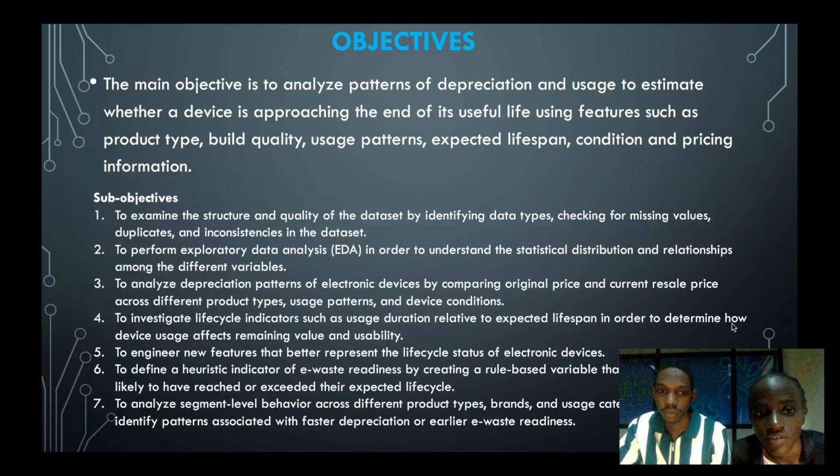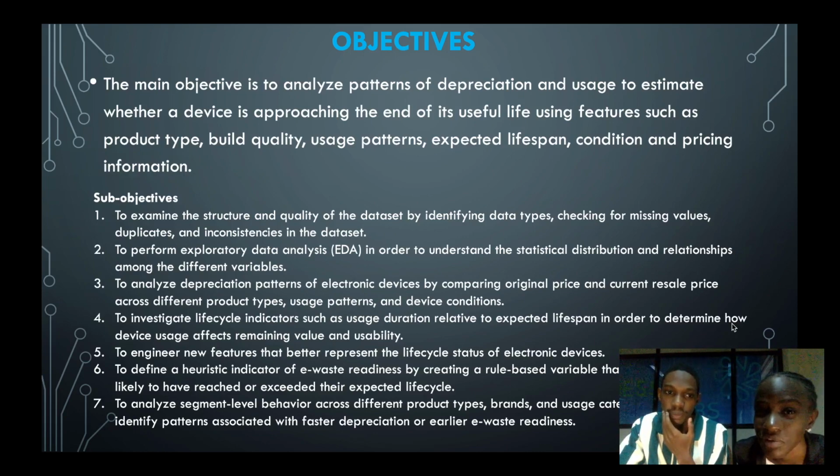Now our first sub-objective is to examine the structure and quality of the data set by identifying data types. We need to check for missing values. So we are looking to see what is the quality of our data set. Is it good quality or bad? And you know, when we have a bad quality data set, it affects our performance. Then, to perform exploratory data analysis in order to understand the statistical distribution and relationships among the different variables.